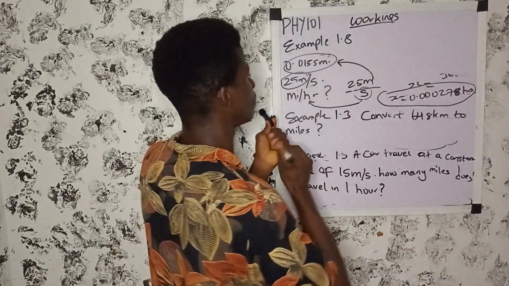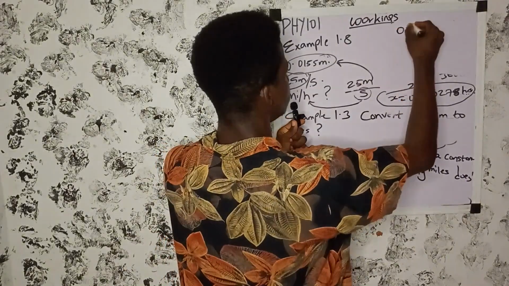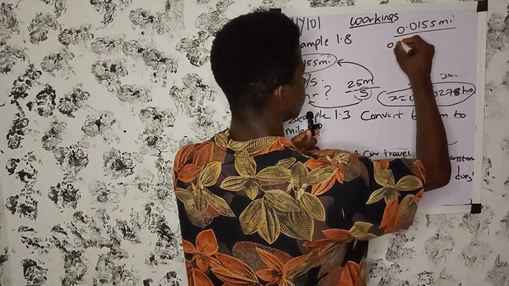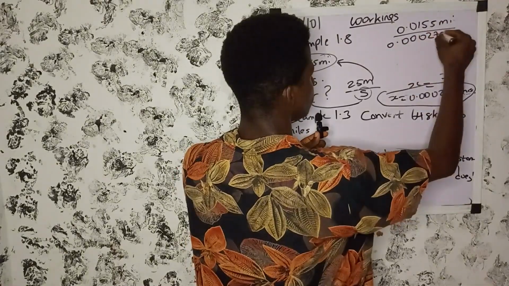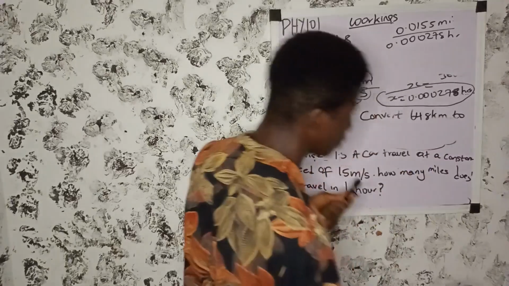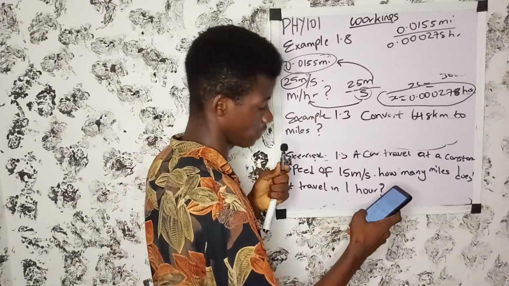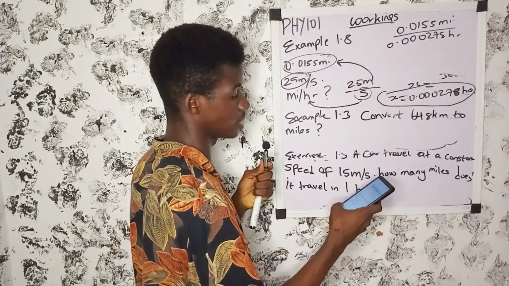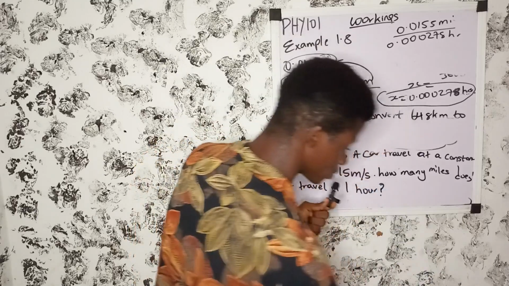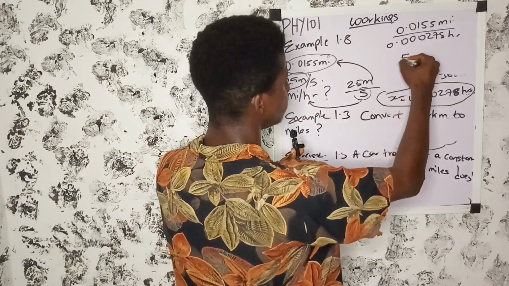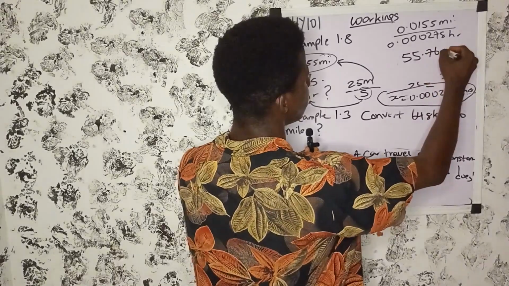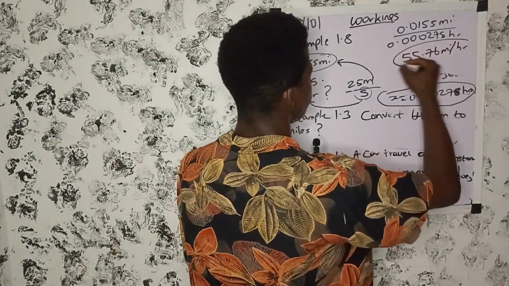So dividing miles over hours, 0.0155 miles divided by 0.000278 hours. Dividing everything, we have 0.0155 divided by 0.000278. So our answer is 55.76 miles per hour.